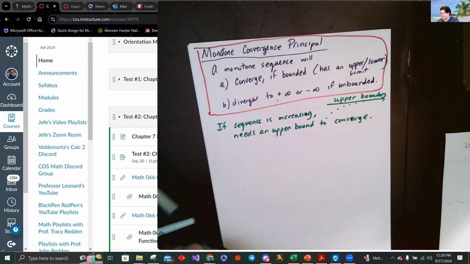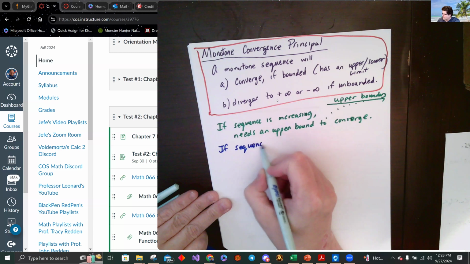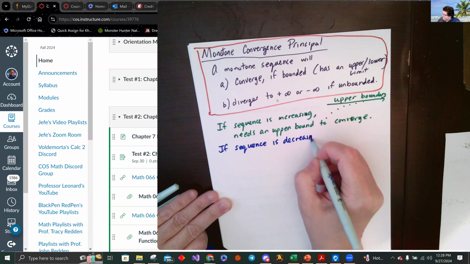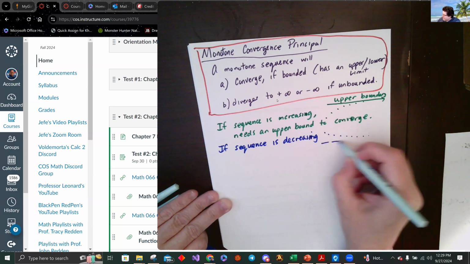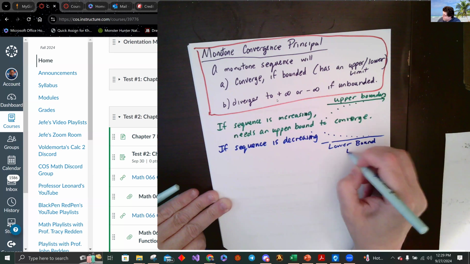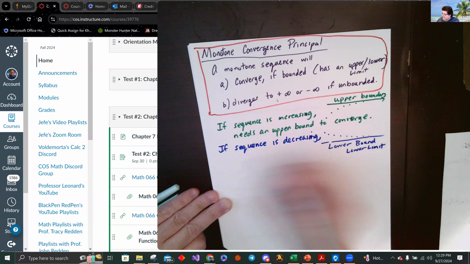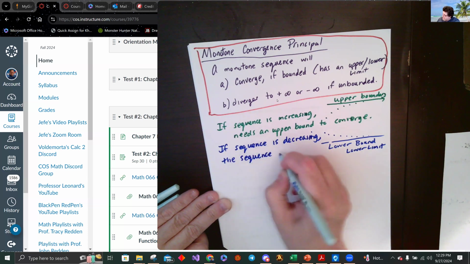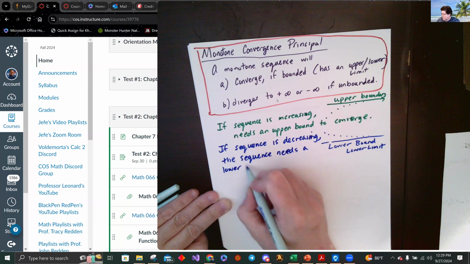And likewise, if it's decreasing, if we want it to converge, it has to have some lower boundary or lower bound, lower limit. Sequence needs a lower bound to converge.